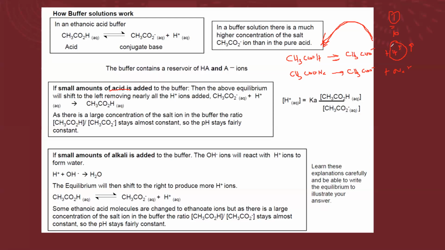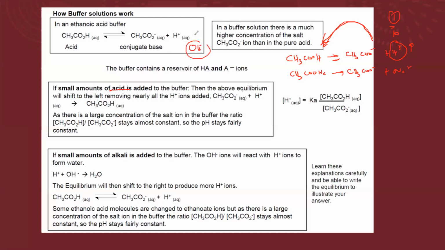So the addition of that hydrogen ion or acid does not make a difference to the hydrogen ion concentration. So pH does not change for a significantly small amount. If you add too much, definitely there will be a change in pH, but for a small amount there is no change in pH. Same thing if we add an alkali, like OH-.